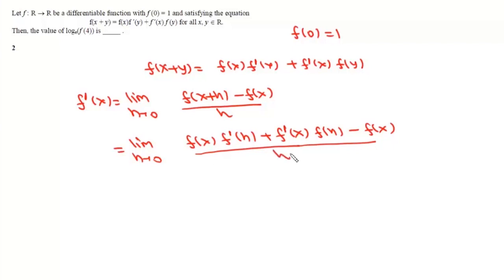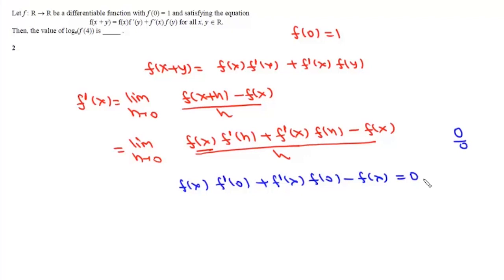whole divided by h. Now it says f(x) is a differentiable function and it will be differentiable if it is a 0 upon 0 indeterminate form, and it will be in that form if f(x) f'(0) plus f'(x) f(0) minus f(x) should be 0 for all x in the question.